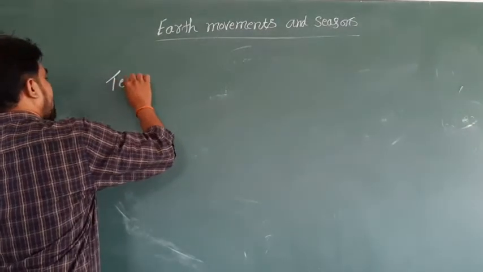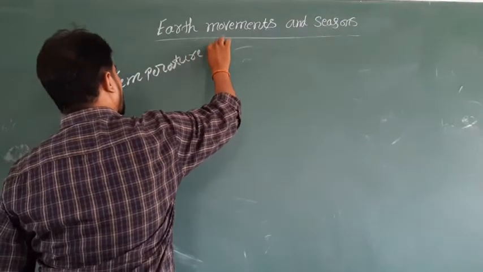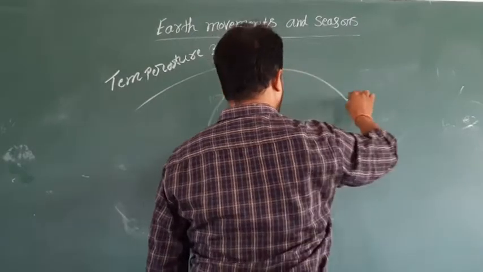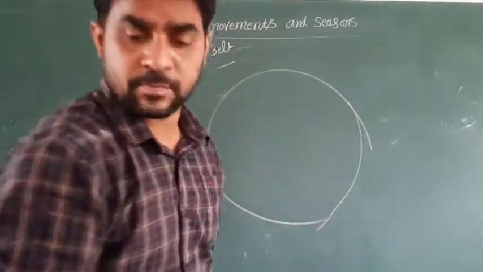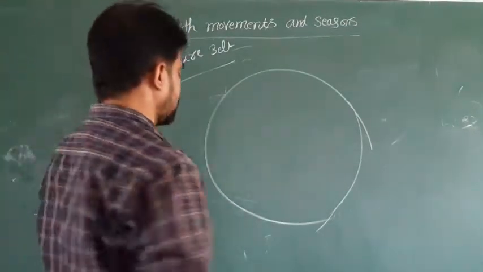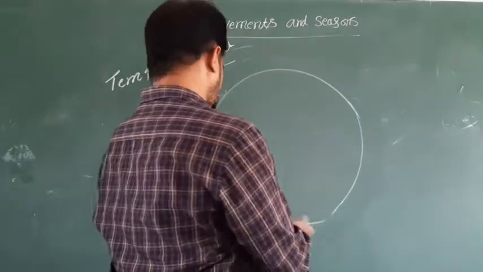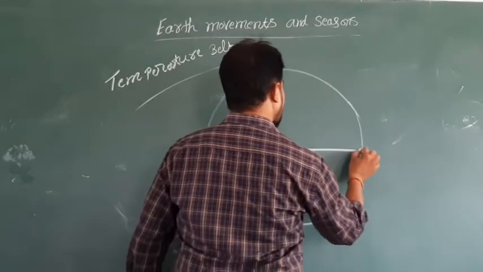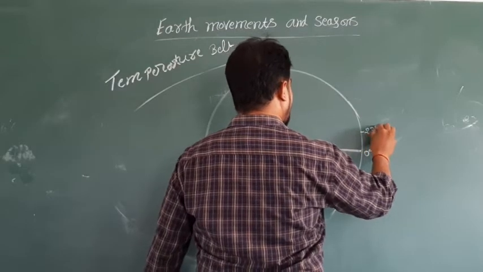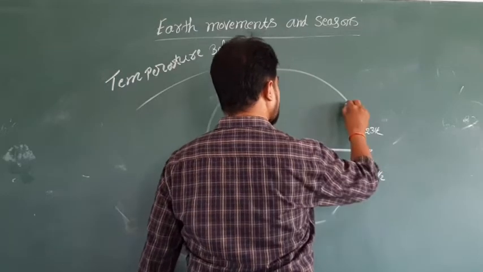So what is meant by temperature belts? Imagine that this is a globe. This is the equator, that is 0 degree, and here is 23.5 degree northern latitude, and here also.